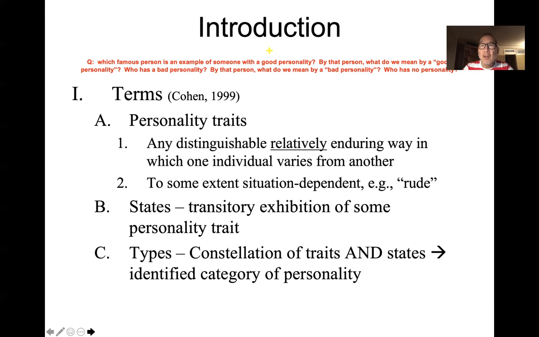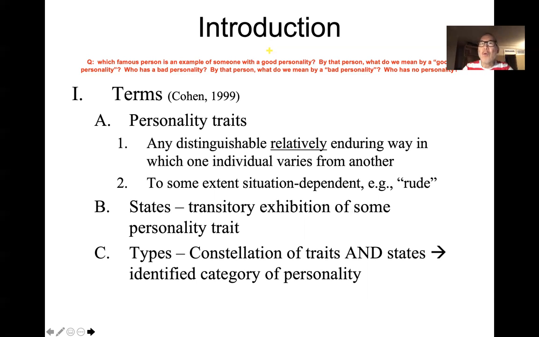And we have to also keep in mind that personality traits are to some extent situation dependent. So maybe someone has a trait of being rude. Well, that rudeness is probably only stimulated in certain situations, maybe as they're waiting for the bus or they're in line at 7-Eleven or something of that sort.